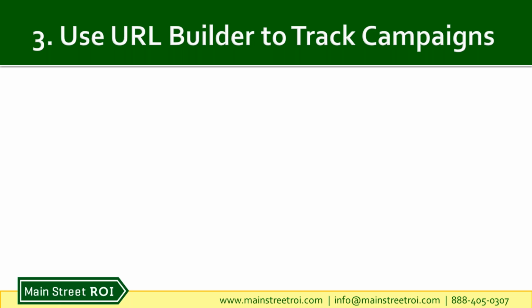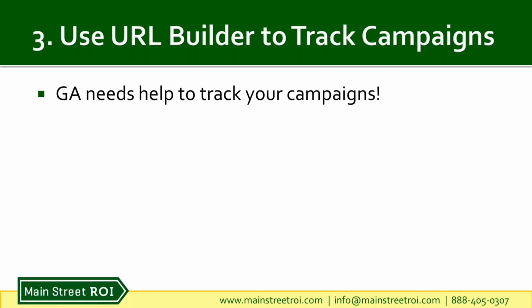Now, step 3 is to help Google Analytics determine where your traffic is coming from. So Google Analytics does a pretty good job just right out of the box. They know, for example, if someone came from Twitter.com, that's social media traffic, or if they came from Facebook.com, that's social media. They know if the traffic came from Google.com or Bing.com, they're going to label that as organic search traffic.